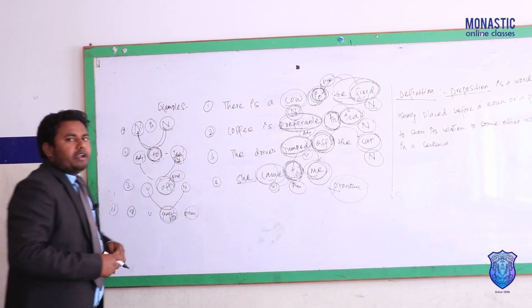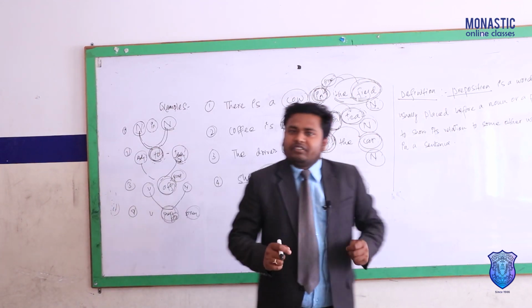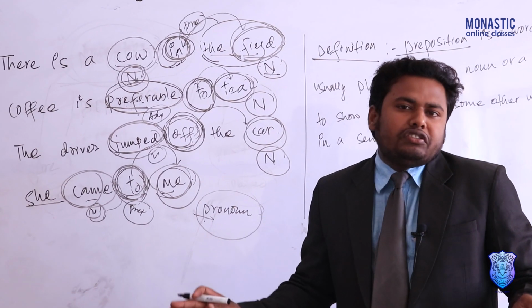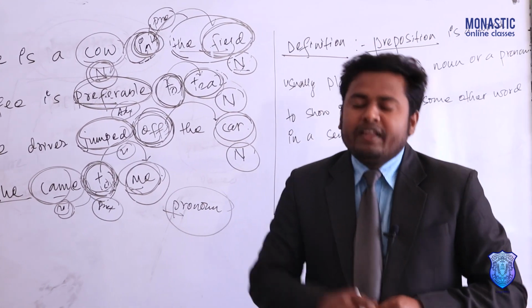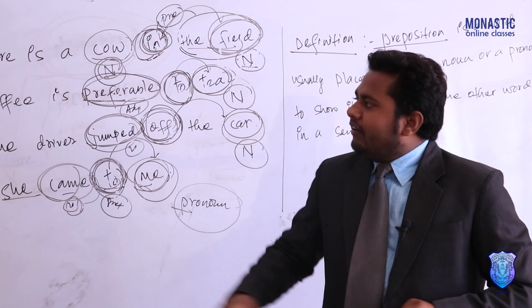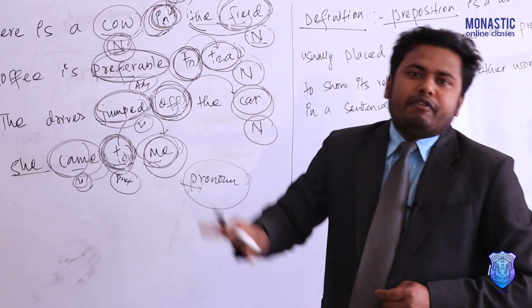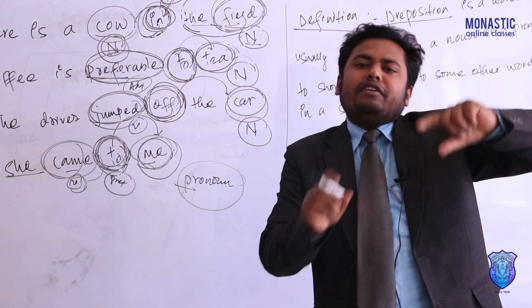So this is all called the preposition. It's a complete definition of prepositions. Dear students, we cannot say that prepositions can be placed only before a noun and a pronoun.